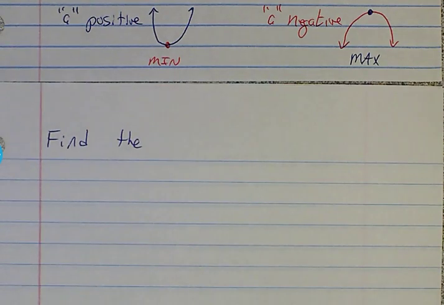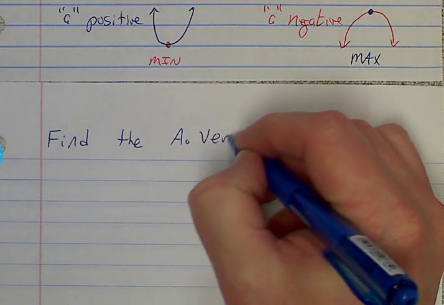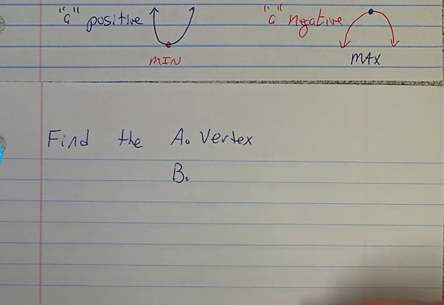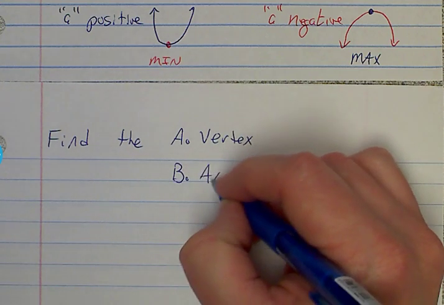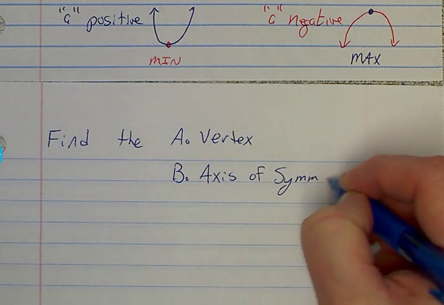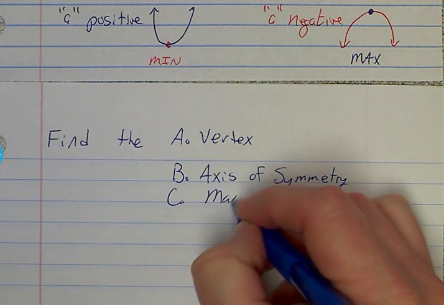So here's your list of things you have to find for this part. You're going to find the vertex. Let's do the axis of symmetry. Let's do the max or min value.